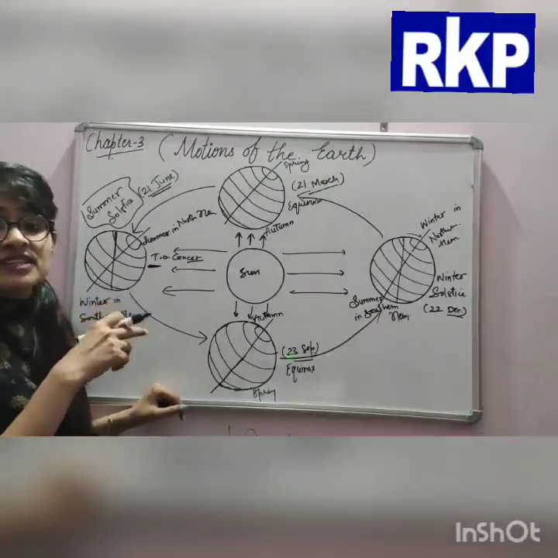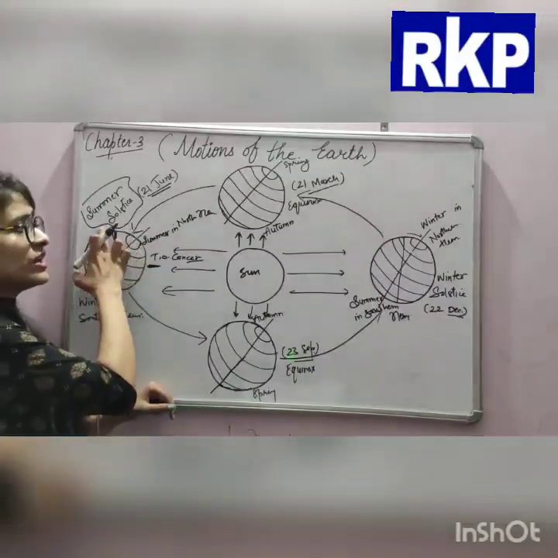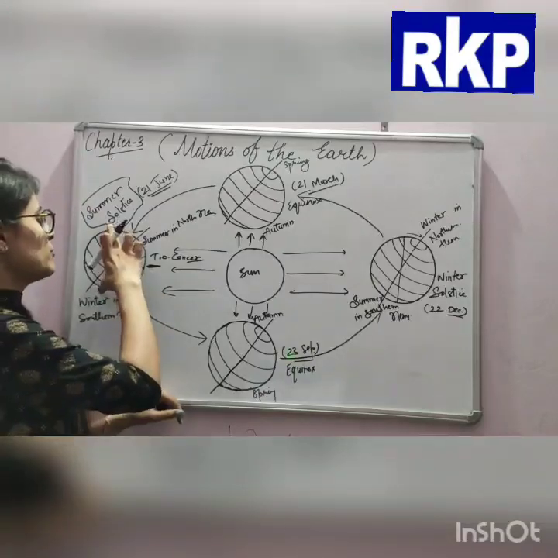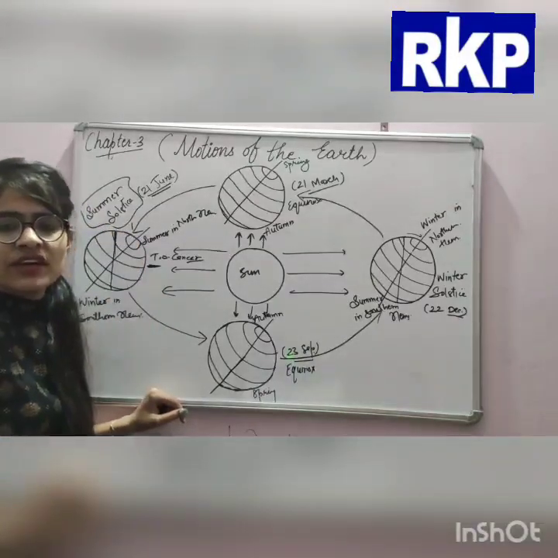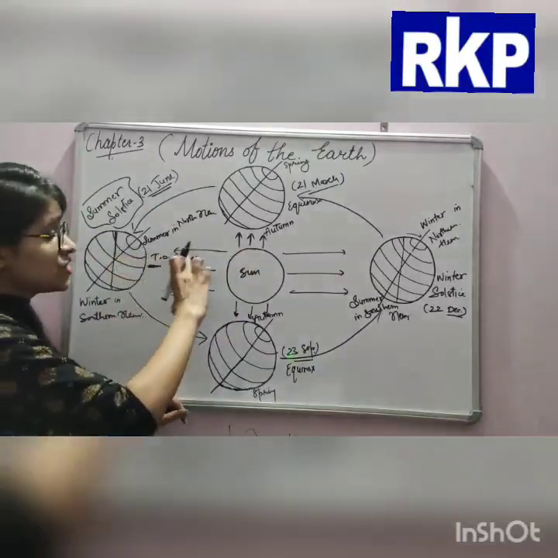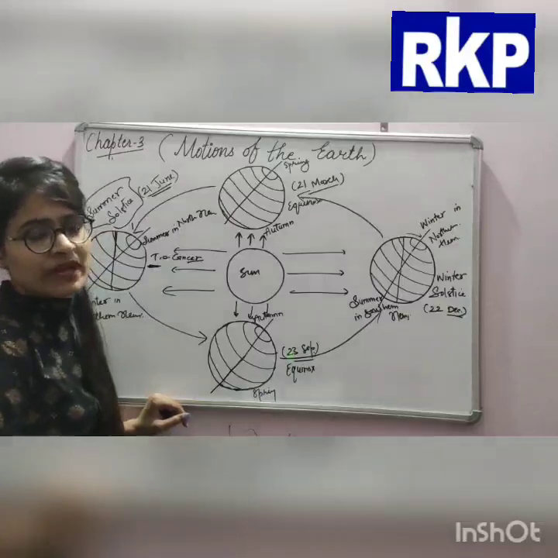Now areas near the poles receive less light. This part will receive less light, and the areas around the poles receive most slanting rays. The more slanting the rays, obviously the less heat is received by the planet.